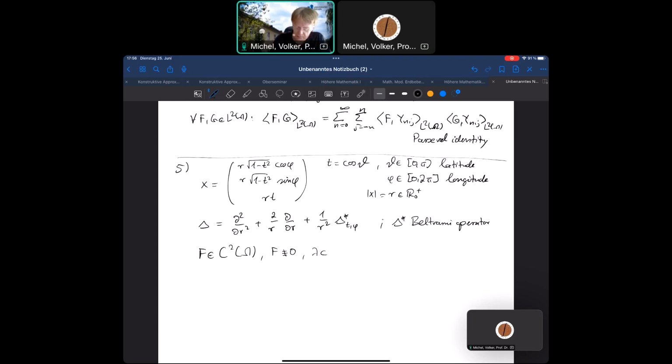And a real number lambda, everything is real valued in my case, such that the Beltrami operator applied to f gives you just lambda times f. And f is then called an eigenfunction.